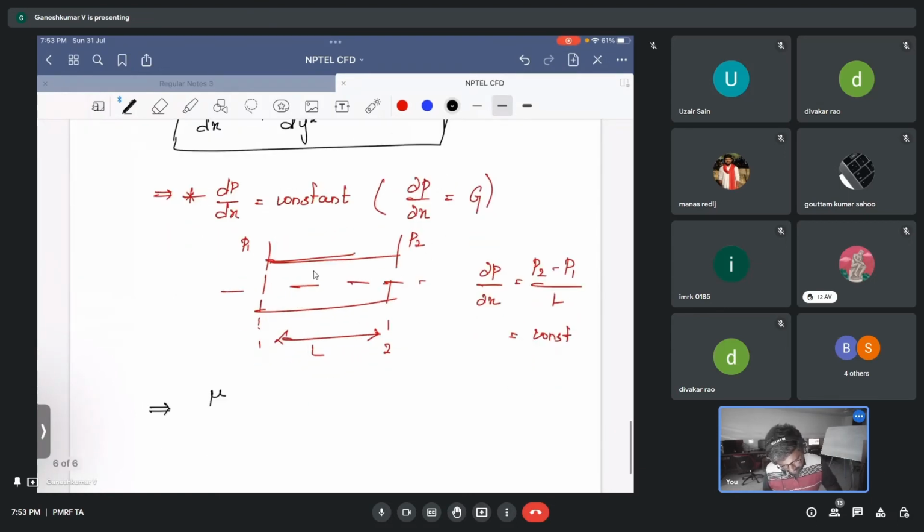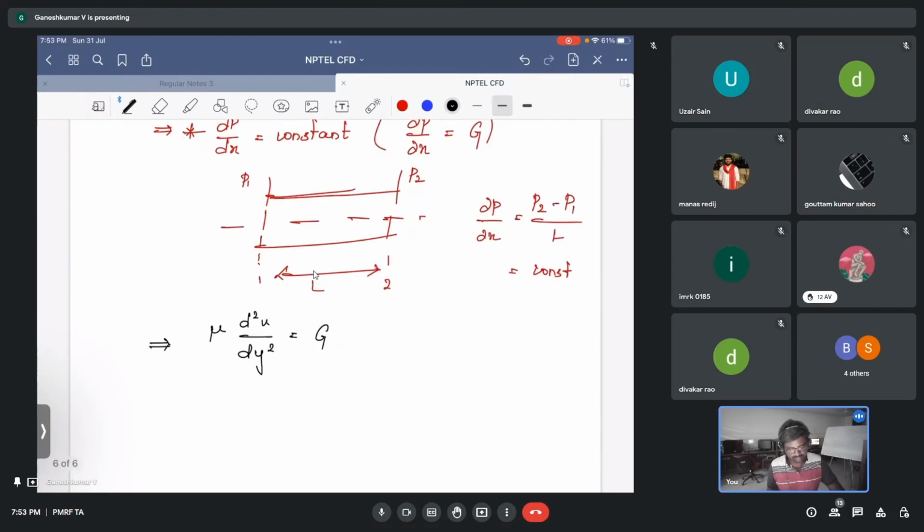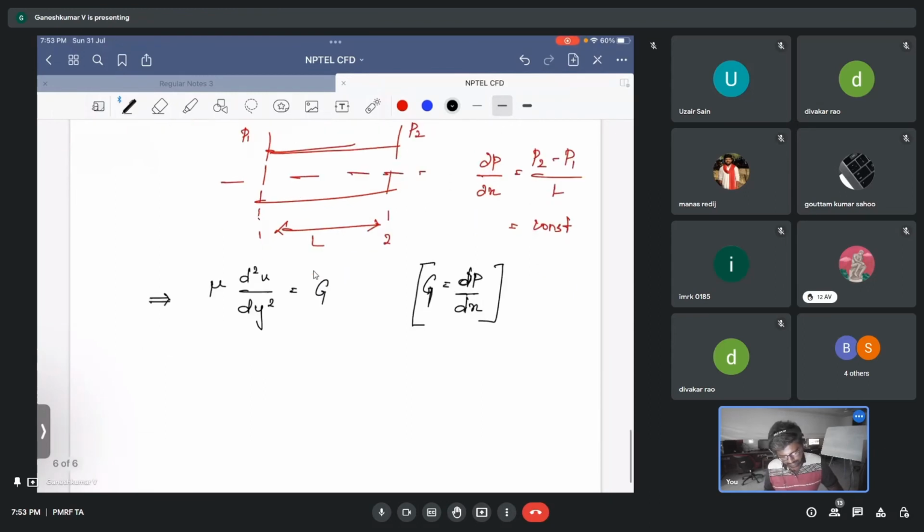You have μ d²u/dy², which is an ordinary differential equation, equal to some g. Okay, g is dp/dx. So now you guys are good at solving this differential equation. It is going to be g by μ.